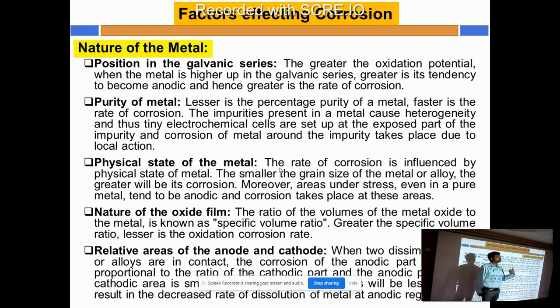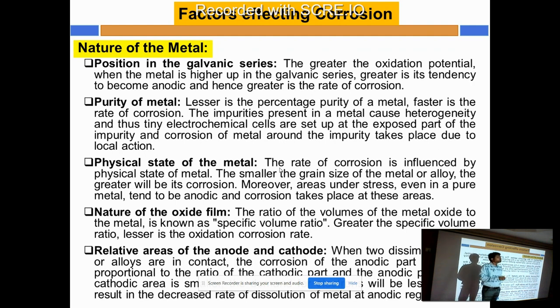Why do we not take 100% gold or 100% silver? I told you in the material science class. I suppose I took the class for your batch. Is it for your batch or your juniors? Your juniors. So I discussed why silver is not 100%. The silver ornaments we wear are not 100% silver, because they will be fragile.